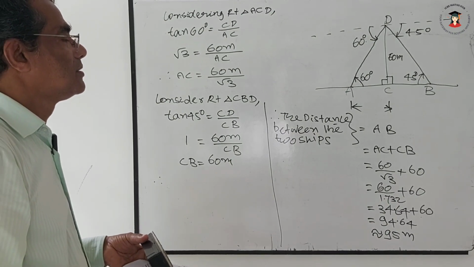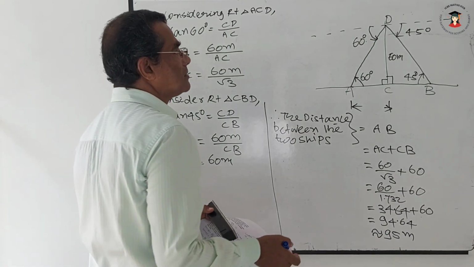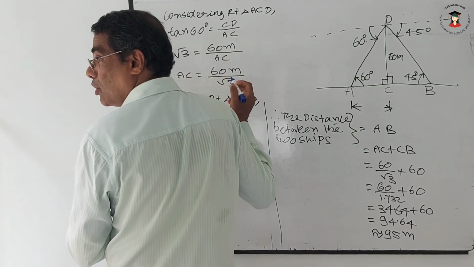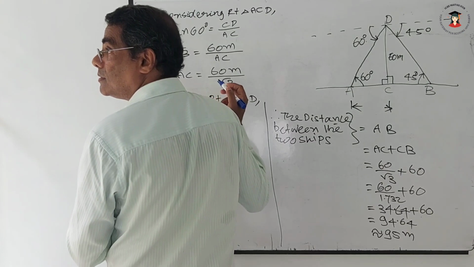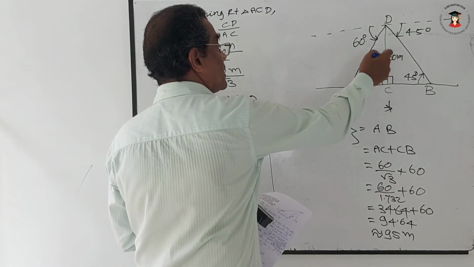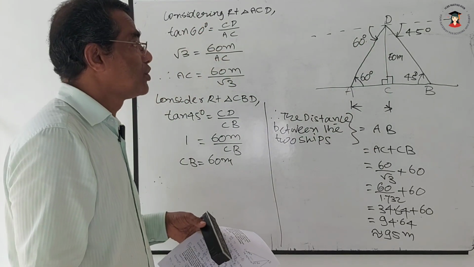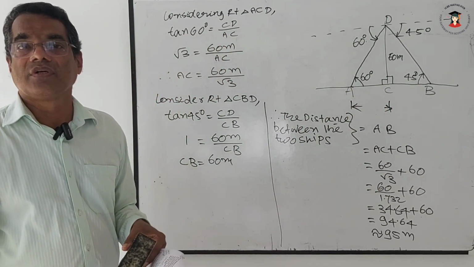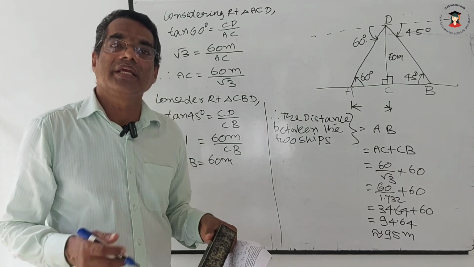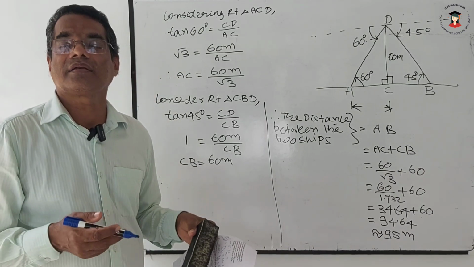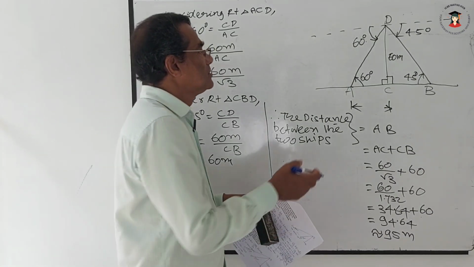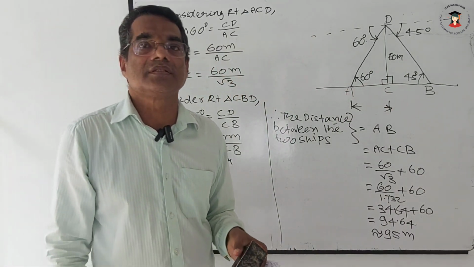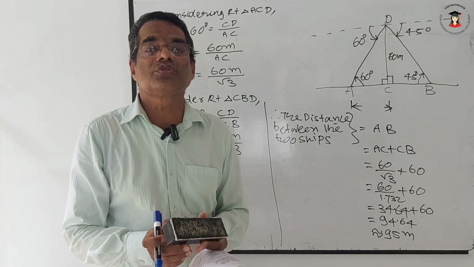So from the two right triangles, the height was known to us. Only the distance was unknown. From the tan ratio, we found out the distance in each triangle. Then we added those distances to get the required answer, that is the distance between the two ships.